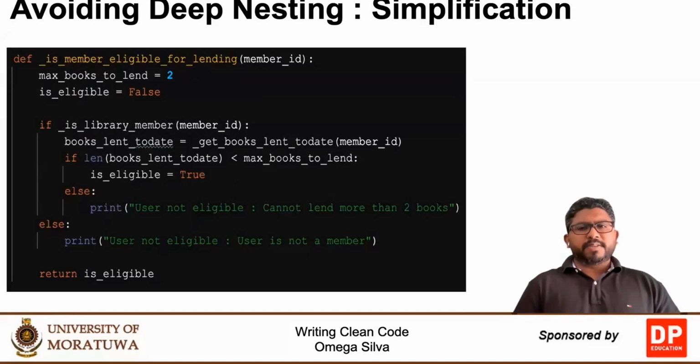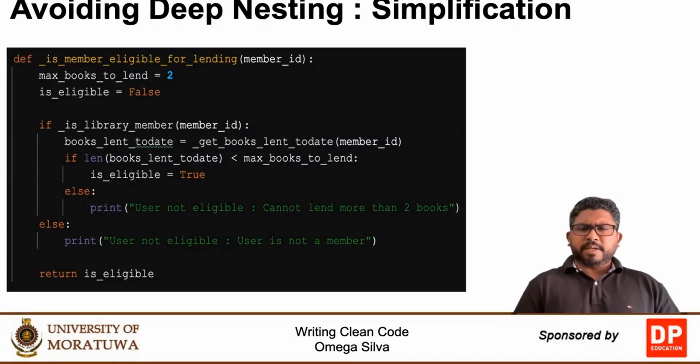This is the improved version of the lendbook function, where we have reduced the nesting to 2 levels. This is one such function that we have extracted out of the lendbook function. This contains the logic which evaluates whether a member is eligible for lending a book. When you look at this function, you would still realize this function itself has a nested if-else structure. This has 2 levels of nesting.